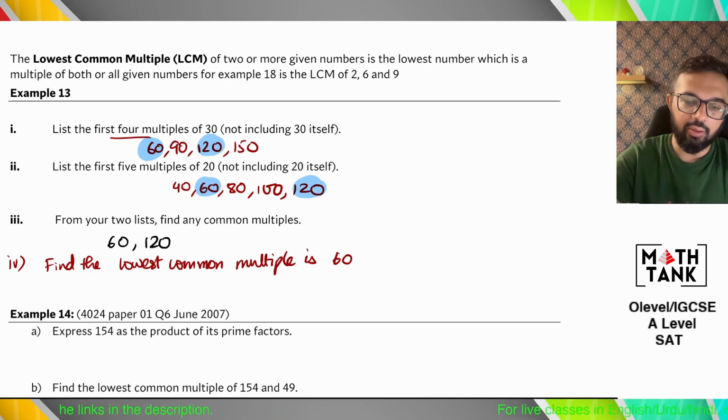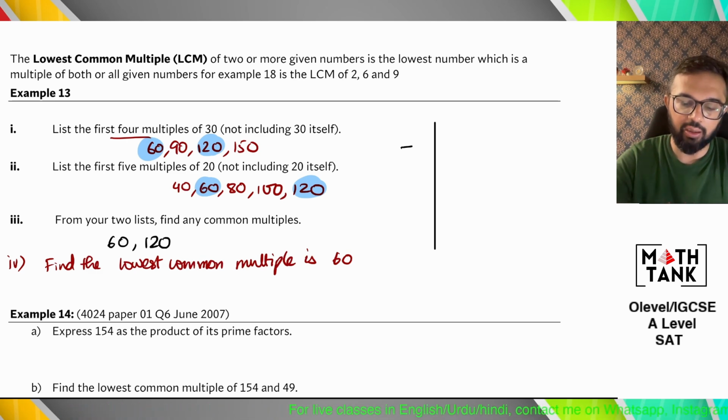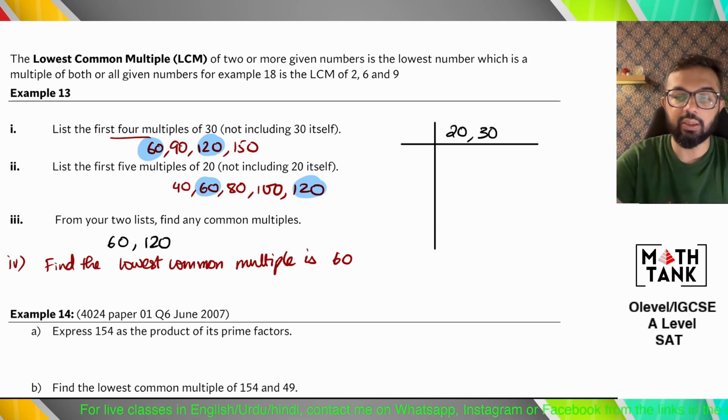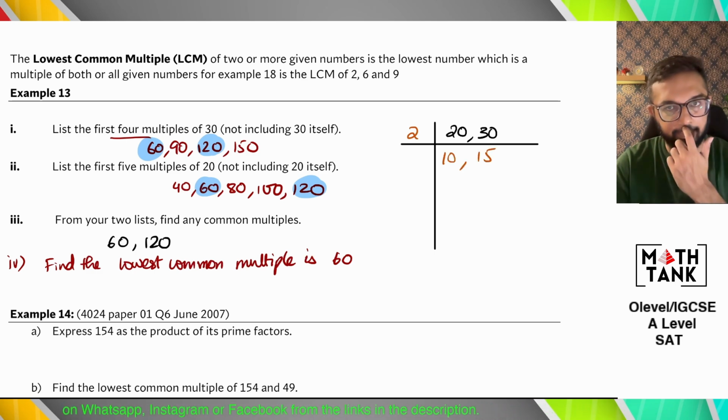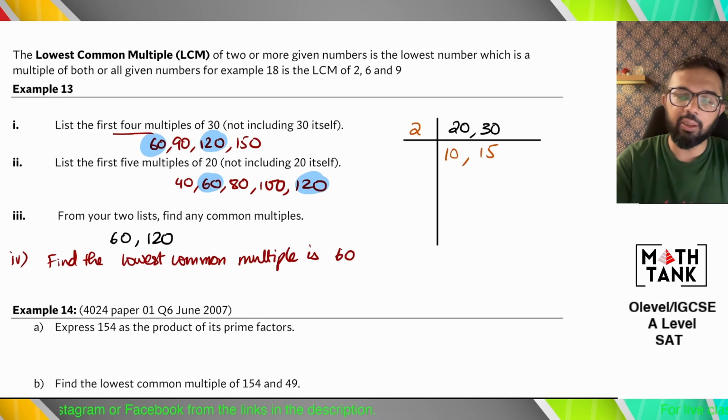If I asked you to find the LCM of 30 and 20 directly, what would you have done? You would have taken this prime factorization process. This is something that you do in your early years. I'm just recapping it. So you divide by 2 first. You keep dividing by the common numbers that you have. So then you divide by 5, 5 times 2, 5 times 3.